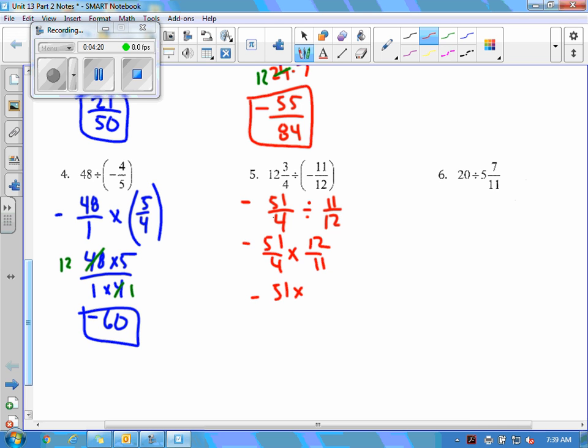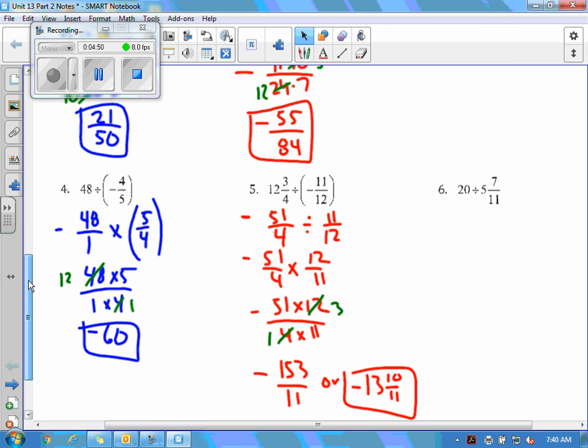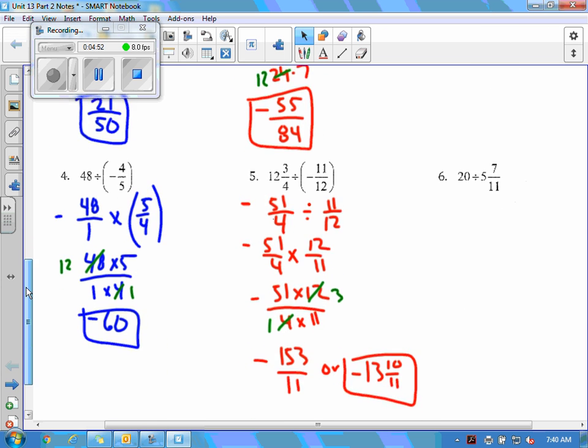So 51 times 12 over 4 times 11. I'll simplify first. 4 divided by 4 is 1. 12 divided by 4 is 3. So when I multiply, I get negative 153 over 11. And when I turn that into a mixed number, I get negative 13 and 10 over 11. I'll leave 3 and 6 for you guys to do.